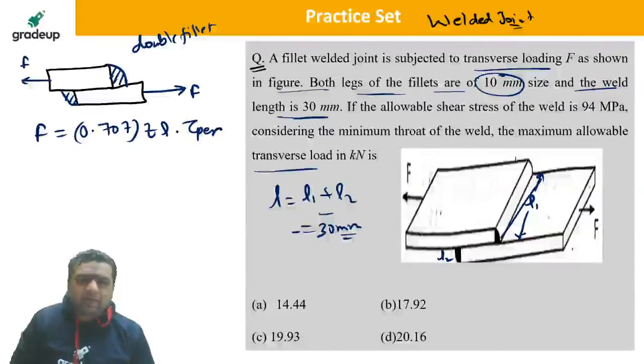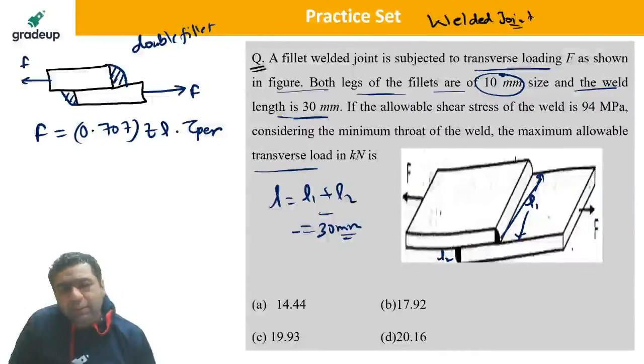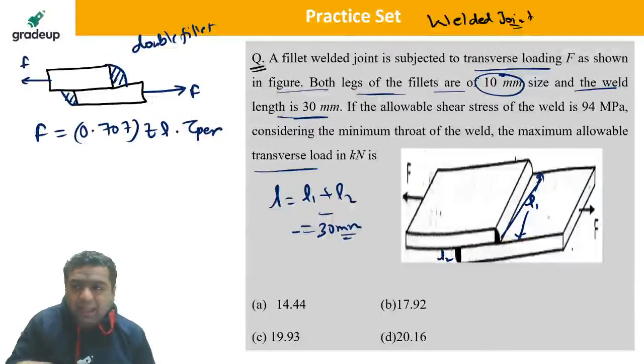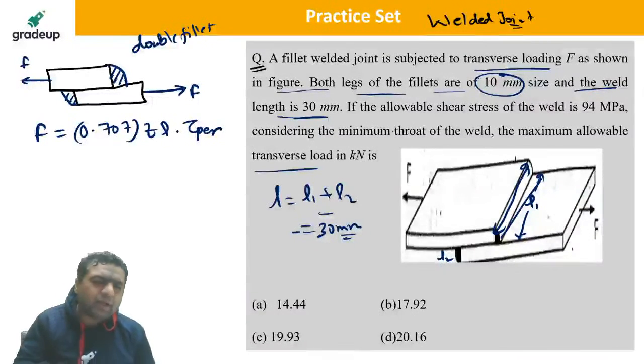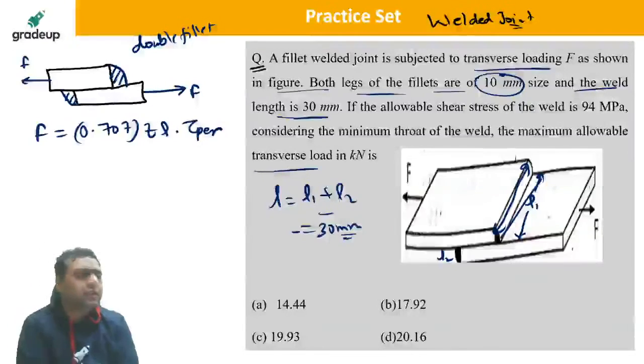Length is already covering both the fillets, so you need not multiply here by 2. We multiply it by 2 when the total length is not given. If length is given individually, like they are giving weld length meaning total length. If they have given only this length, then you have to multiply by 2. Fine guys, please solve it.